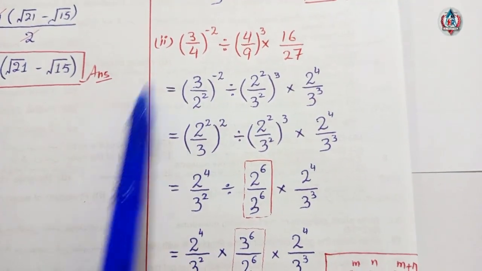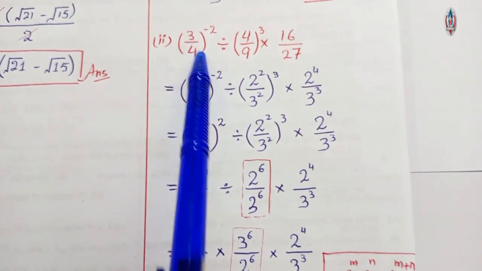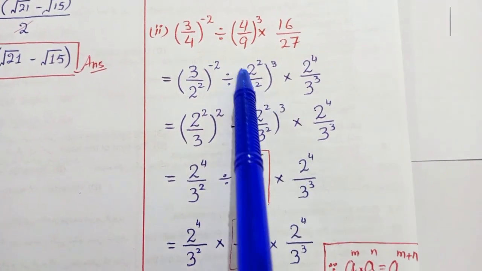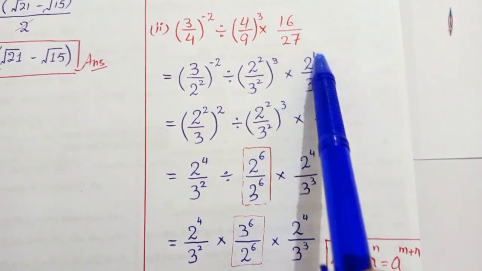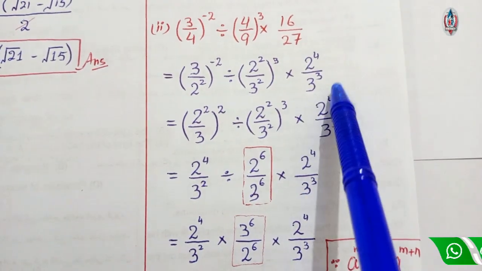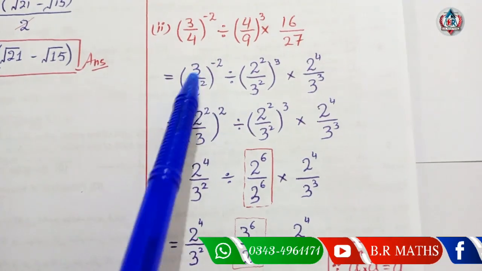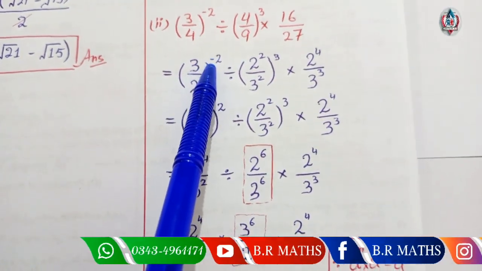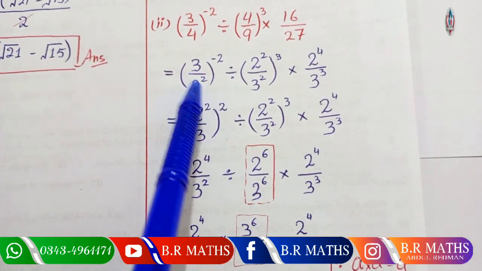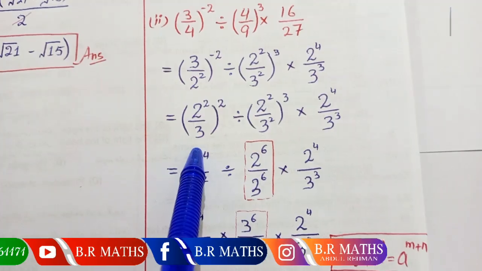Students, in this question, firstly form the factors. 4 becomes 2 raised to power 2, 9 becomes 3 raised to power 2, 16 becomes 2 raised to power 4, and 27 becomes 3 raised to power 3. And again, according to the property, the power is minus 2, so take the reciprocal. The denominator becomes the numerator and the numerator becomes the denominator. So 2 squared divided by 3.